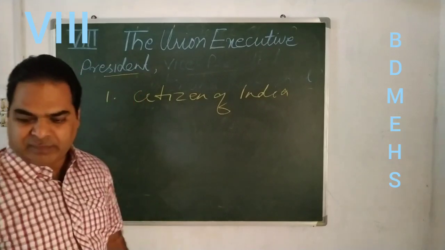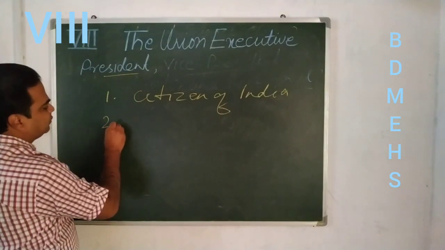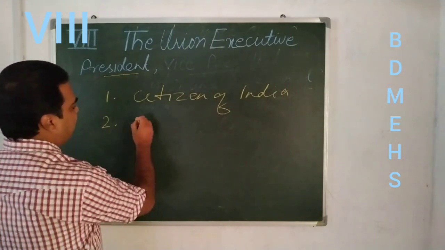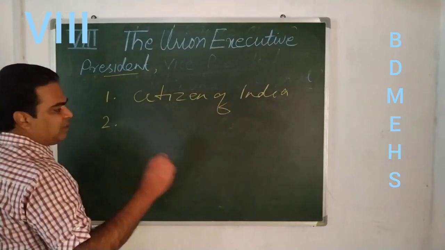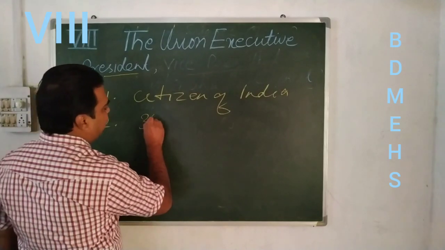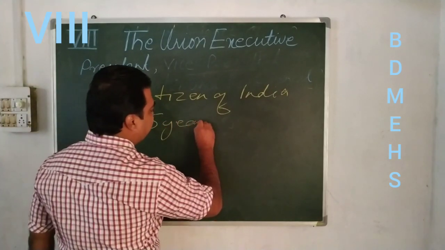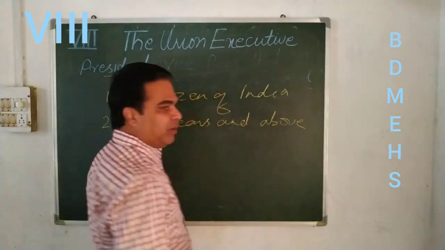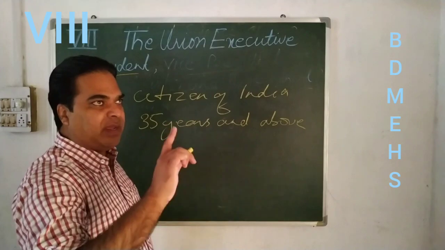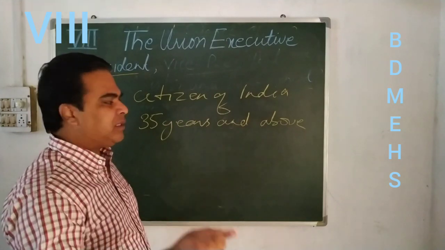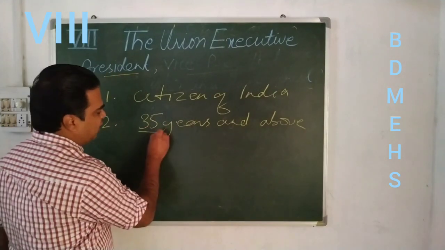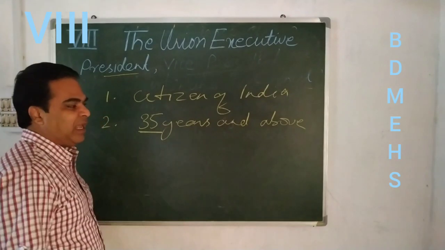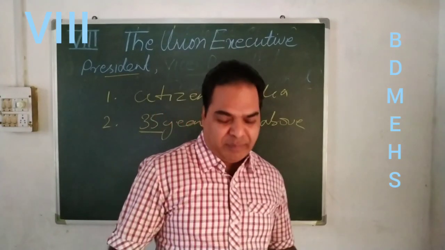The second one is age. The person must have attained the age of 35 years and above. In the Lok Sabha we discussed 25 plus, in Rajya Sabha 30 plus, and to become the President, 35 years and above.